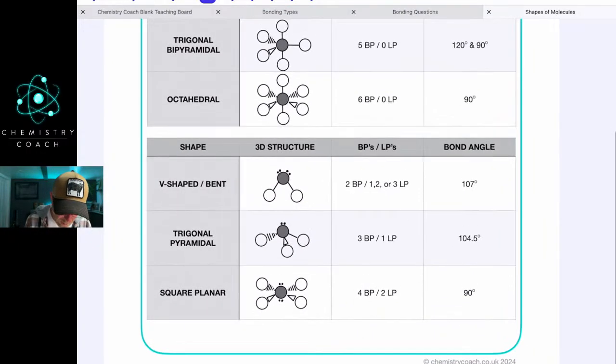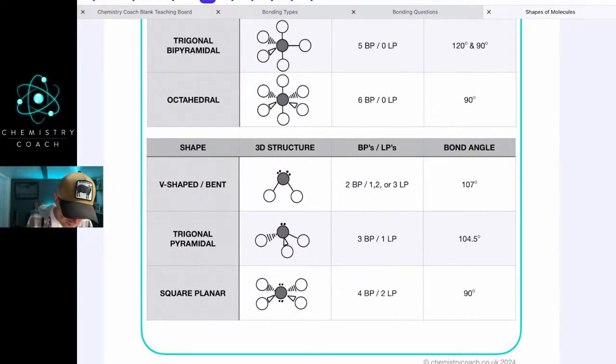Obviously, we've got our lone pair ones. These ones, if they're this shape, okay, they've got a lone pair. If they've got a lone pair, what do we say the IMFs between them are? What are the intermolecular forces between molecules that have a lone pair, generally speaking?